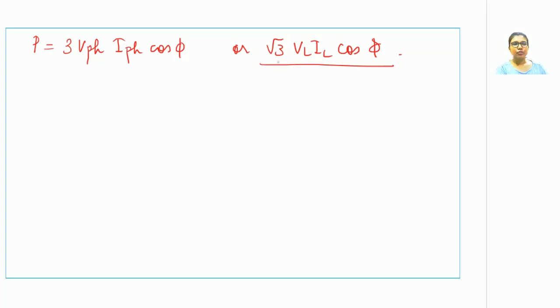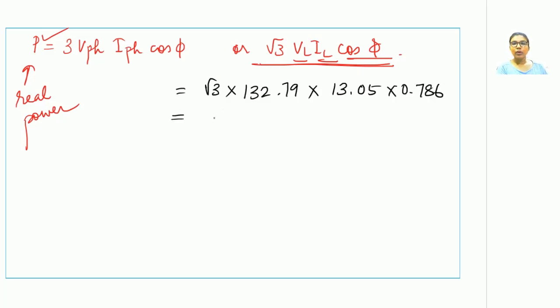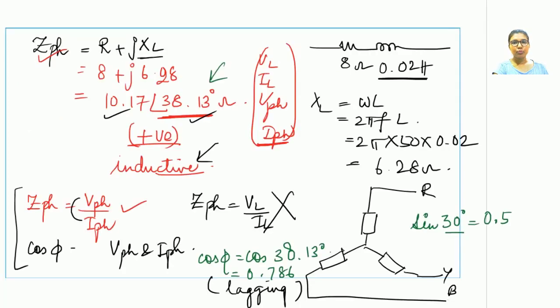I generally prefer to use this expression for computing the real power. P represents real power. Is the value of VL known to us? Yes. IL is known to us, we have just computed it in our previous slide, and the value of cos phi is also known to us. Upon substituting the values, one can obtain the power as 4.088 kilowatts. So in this way, the value of power has been obtained.